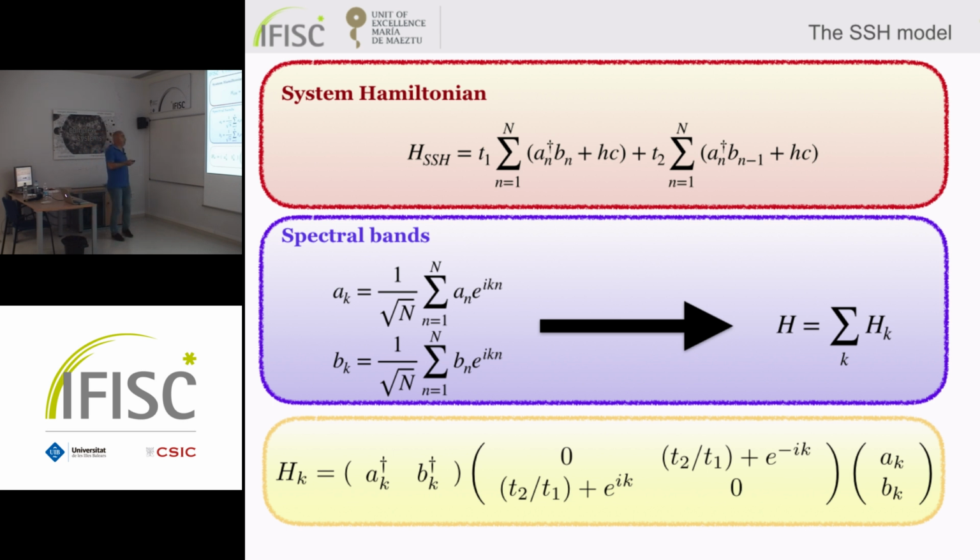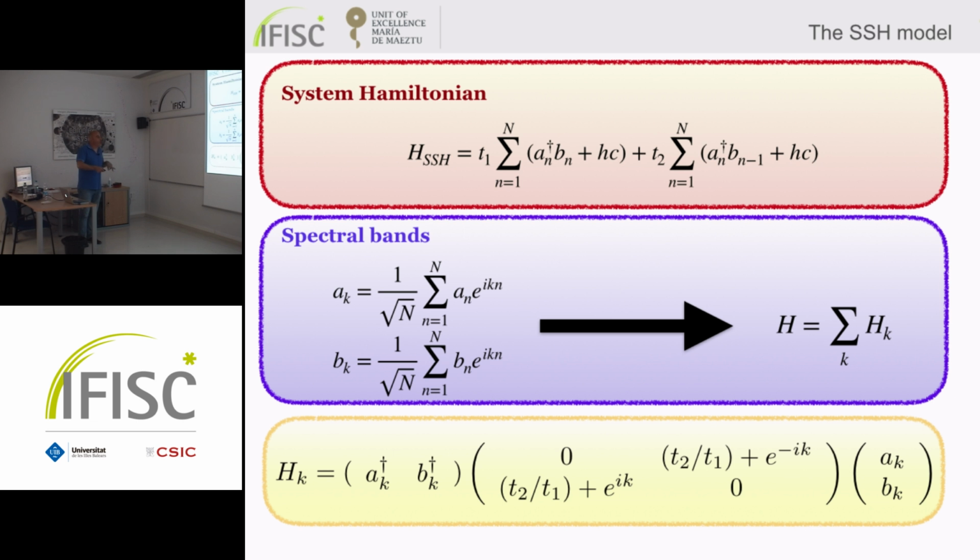This Hamiltonian can be easily diagonalized by introducing two different Fourier transforms for the two different sublattices. There's this form, and you get something that is diagonal in the momentum space, in the reciprocal lattice space. And the form of this Hamiltonian is a 2x2 matrix, this way, with only non-diagonal elements.